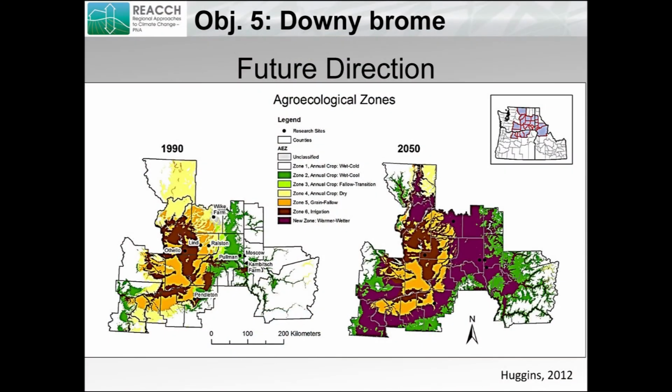And that's sort of where we're at right now in this project, and there's a lot more to be done with it. I stole this slide from Dave Huggins. I hope he doesn't mind. But this is just the AAZ showing how we're expecting climate to affect our growing regions.